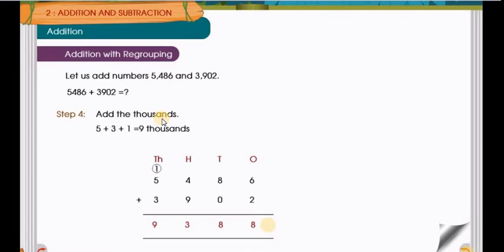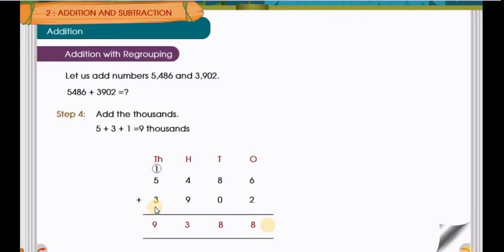Step 4. Add the thousands. Now what do we have to do? Add thousands. 5 plus 3 is how much, children? 8. 8 plus 1, the carry over. Carry over 1 is there, so we have to add. 5 plus 3 is 8. 8 plus 1 is 9. So here 9000.